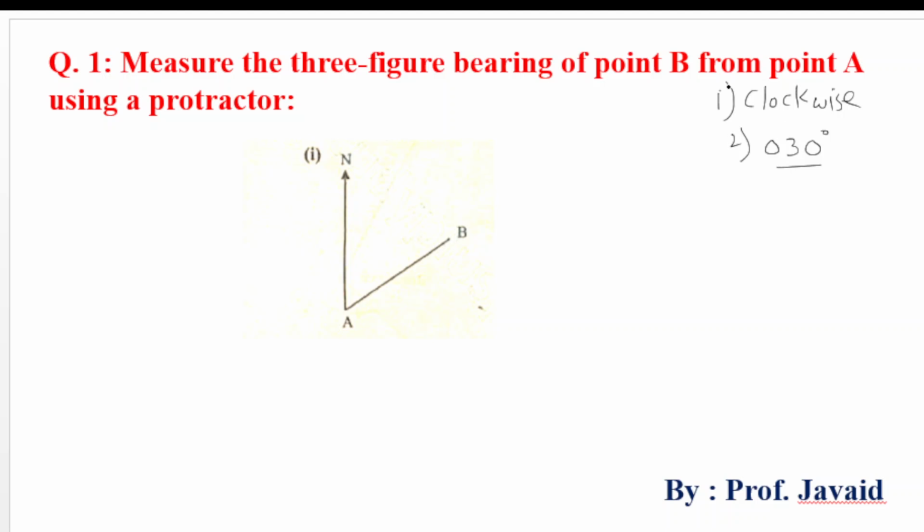In three digits. So here, point B from point A means we have to move from A to B. Always think that it's given the bearing of point B from point A. So we have to see point A, then we will move towards B and we will use a protractor.